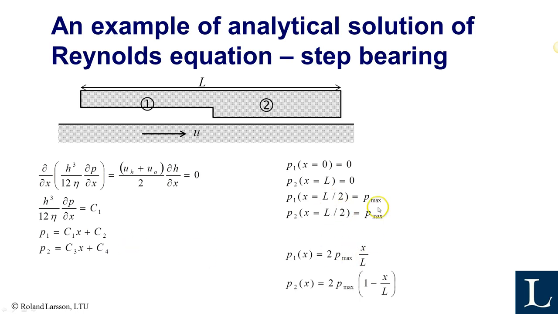By using those 4 boundary conditions, you will end up with these 2 equations describing the pressure in the first part and in the second part. So you see here in the first part the pressure will vary from 0 up to the maximum P max, and then in the second part it will start with P max and go down to 0.